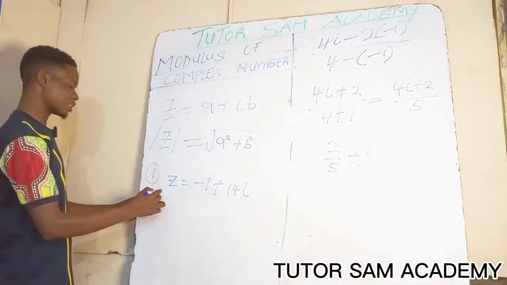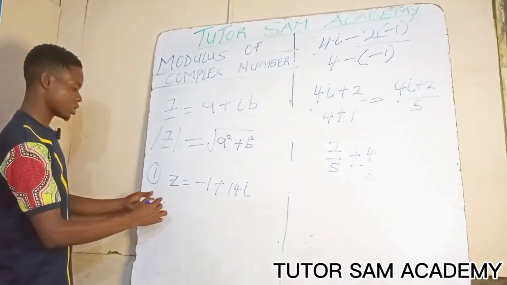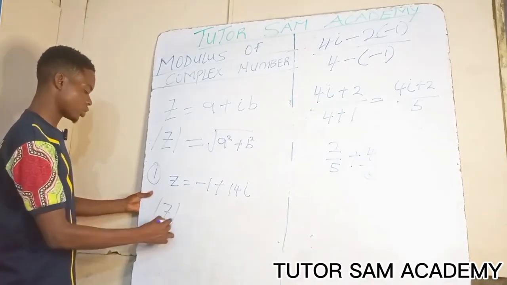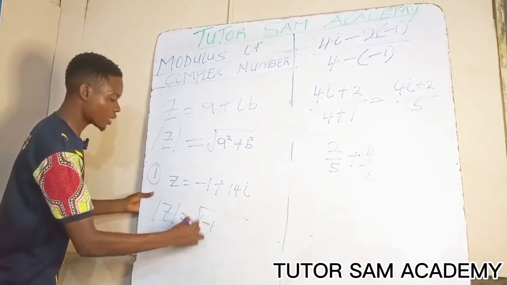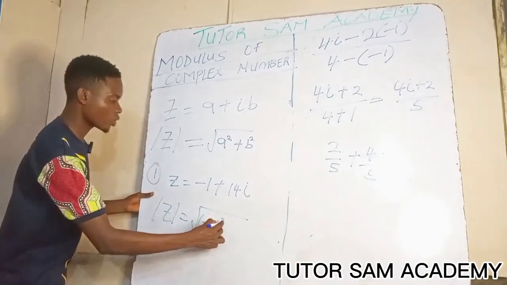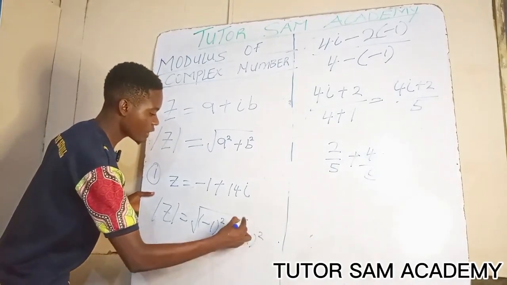If you are asked to find the modulus of this, z modulus will be what? This will be square root of minus 1 squared plus 14 squared.